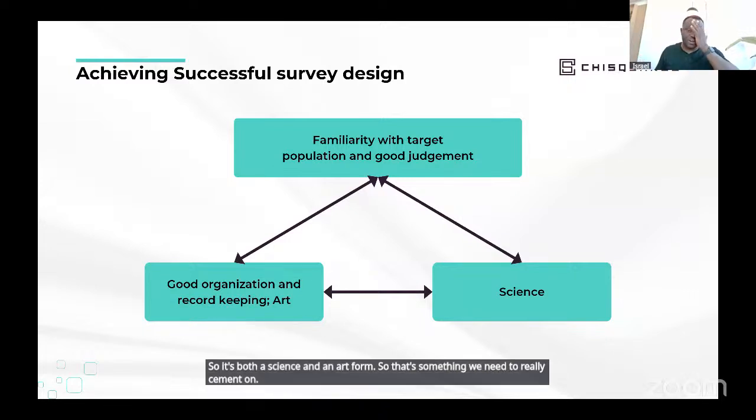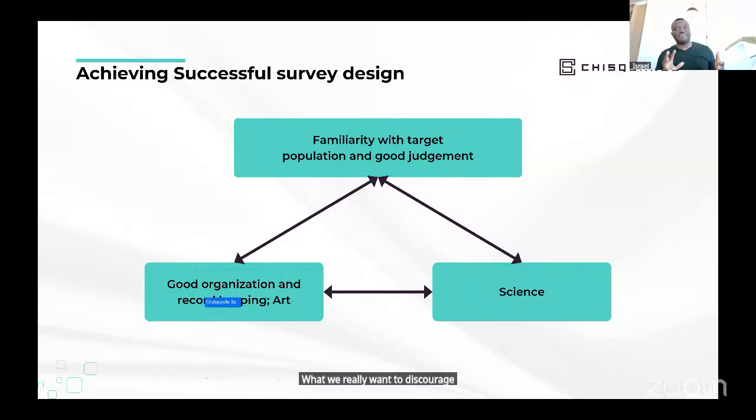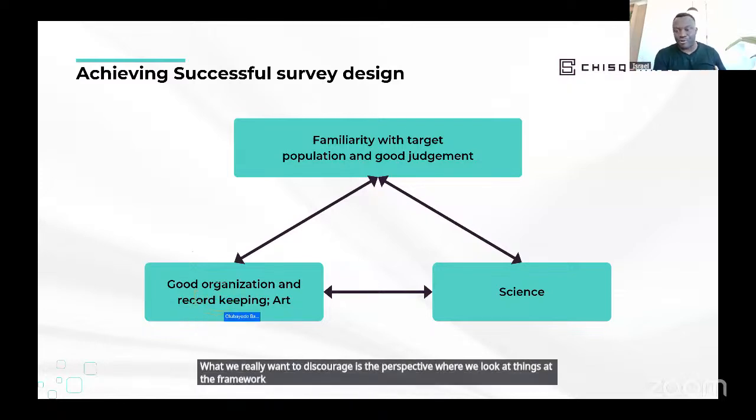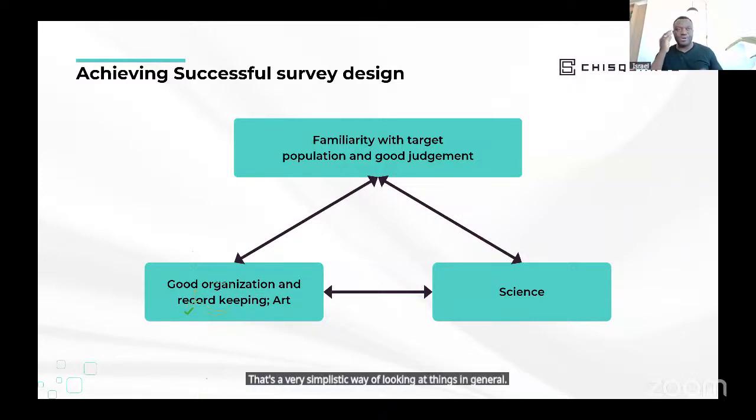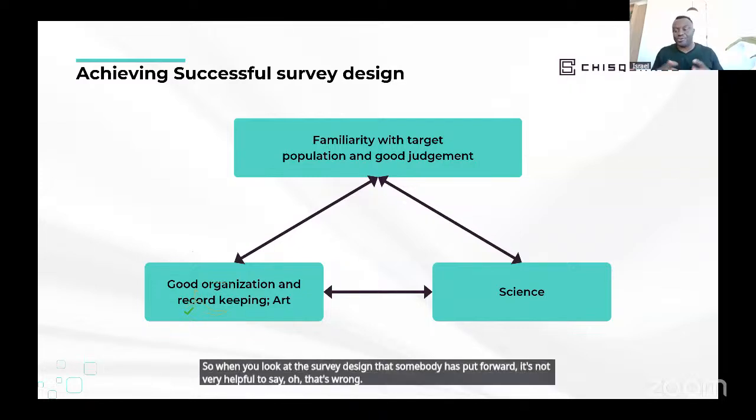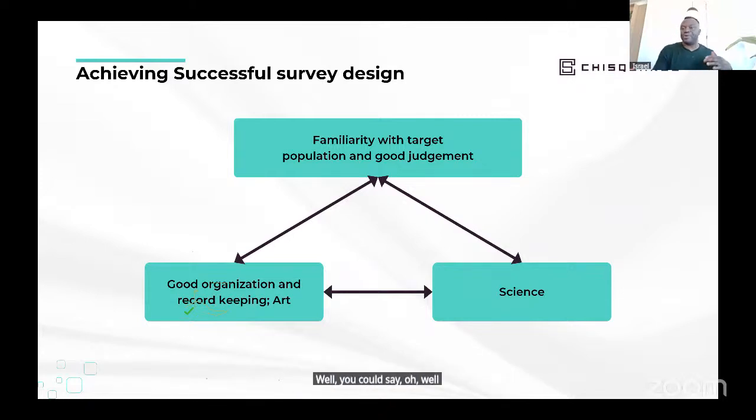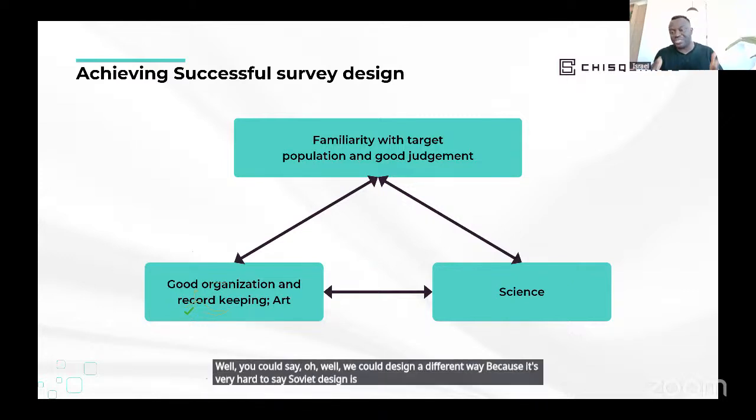What we really want to discourage is the perspective where we look at things in the framework of right or wrong. That's a very simplistic way of looking at things in general. So when you look at the survey design that somebody has put forward, it's not very helpful to say, oh, that's wrong. Well, you could say, oh, well, we could design it a different way, right? Because it's very hard to say a survey design is wrong, right? The question is, does it fit the context?